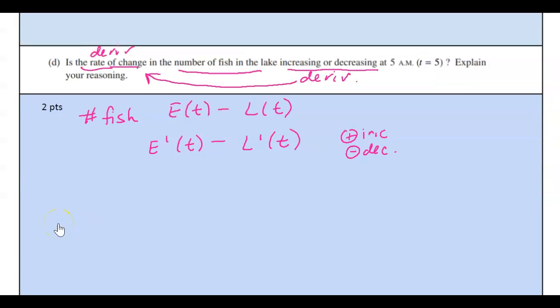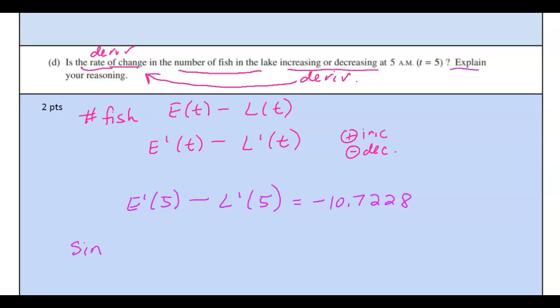Okay, so I'm going to write that down. So what we know is that E prime of 5 minus L prime of 5, or at t equals 5, equals negative 10.7228. Okay? And it does say to explain your reasoning.